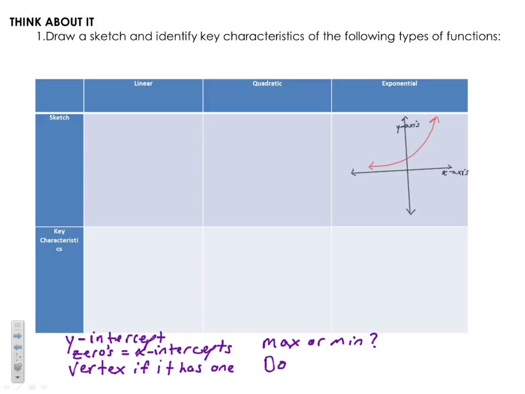So in your notes, I should see domain question mark and range question mark, and we'll pick this up tomorrow, all right? I want you to find all those values if they have one, and sketch a graph of each one of them, what the function looks like. There's a spot for you to sketch, and a spot to write what the key characteristics are, what they're equal to in the general case. Okay?